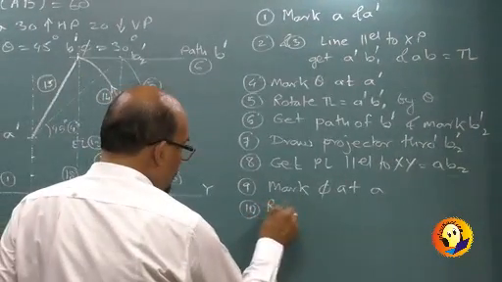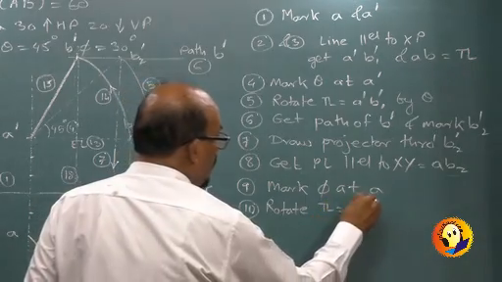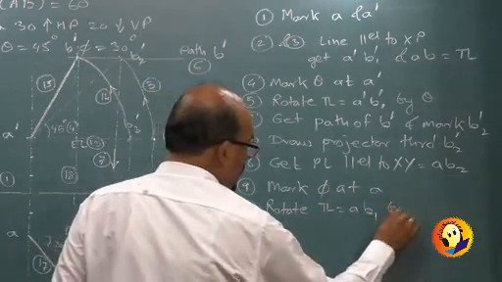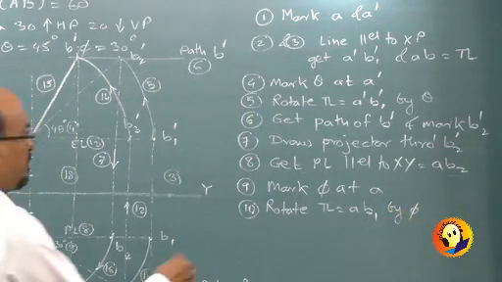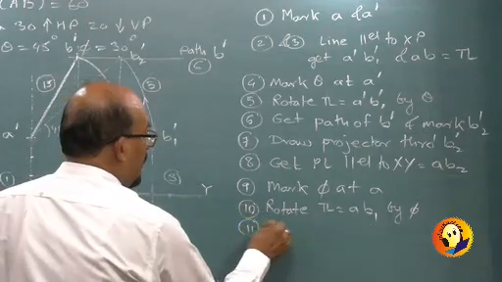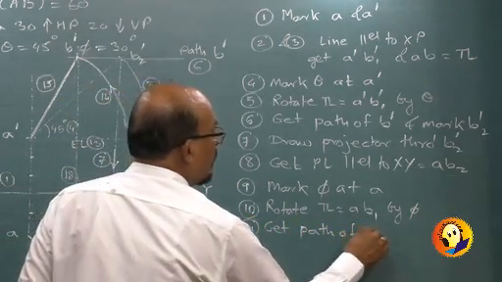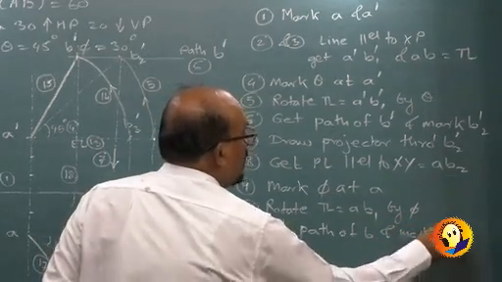Rotate true length equal to A B1 by phi. Step number 11. Get path of B and mark B3.